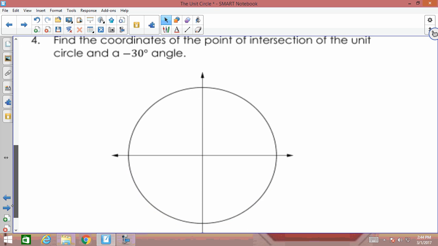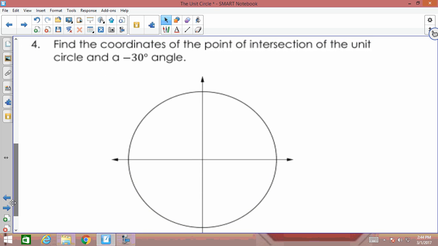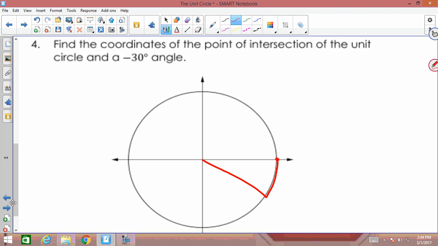Alright, last one. Okay, we're going to always start here. We're going to go negative, so we go clockwise, 30 degrees. Okay, so again, 1 is equal to 2s, divided by 2. So 1/2 is equal to s, so that's always opposite 30.